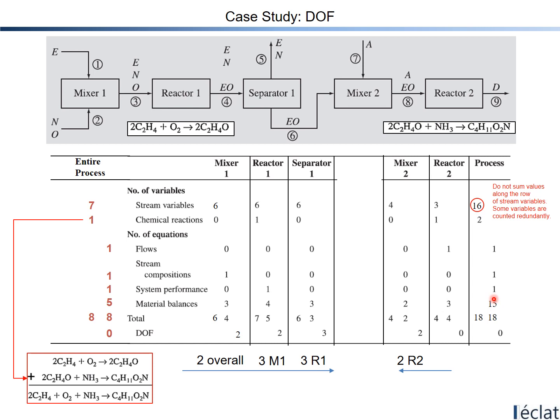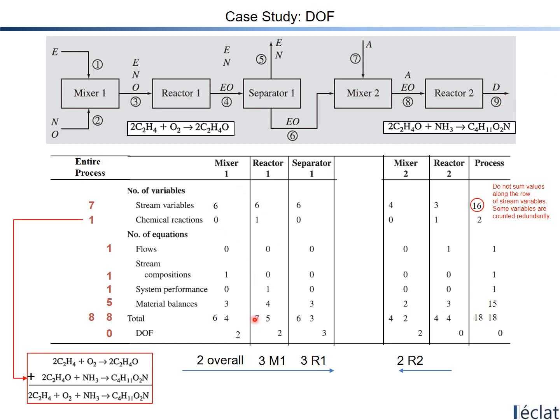So the total number of variables is 18, and the total number of restricts is 15 plus 1 plus 1 plus 1, which is 18. So anyway, you can solve the problem. Also, you already know several values after the process calculation about the entire process.